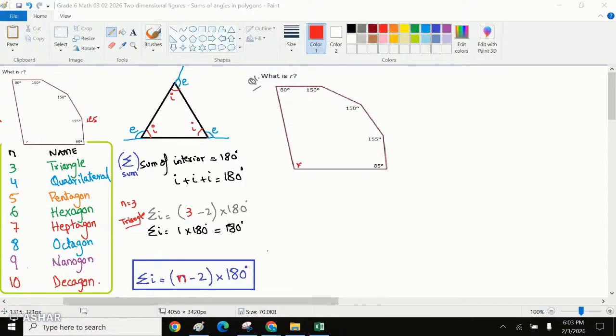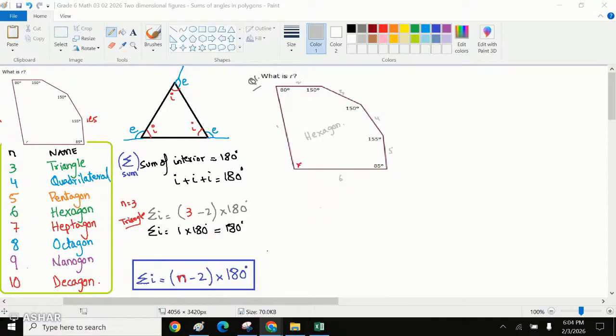So in this shape, we can count the number of sides. How many sides are there? 1, 2, 3, 4, 5, and 6. That means this is a hexagon, right? 6 sides in this shape, right? Agreed?